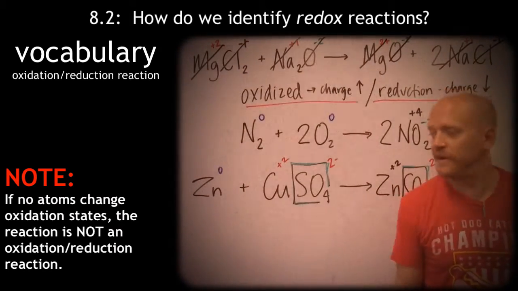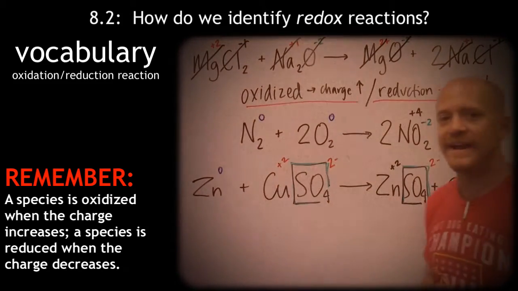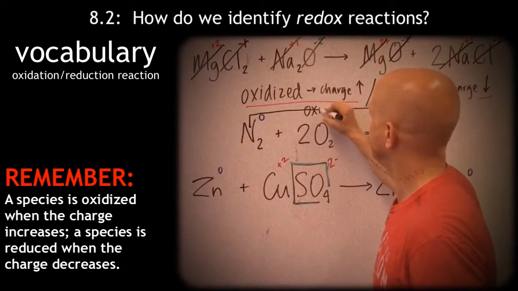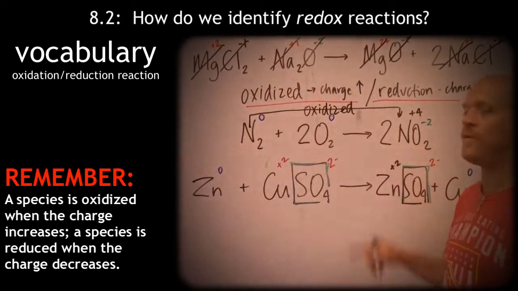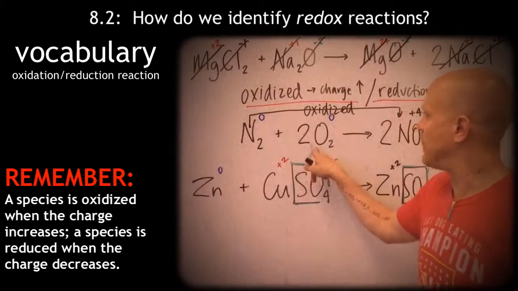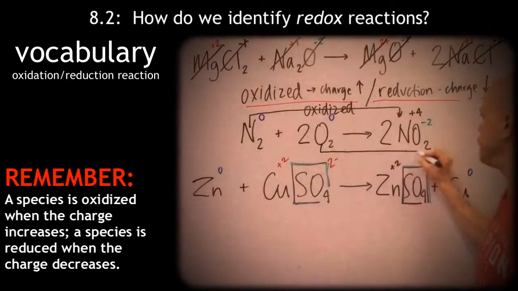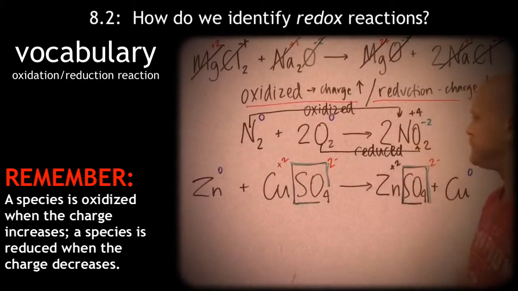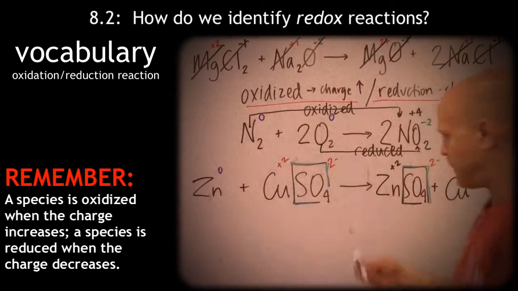When we look at the next one, nitrogen goes from a 0 to a plus 4. Nitrogen is oxidized. 0 to plus 4, that is an increase in charge, that is oxidation. If you look at oxygen, 0 to negative 2, oxygen is reduced. Now let's look at the bottom one. Again, SO4, SO4, guess what?